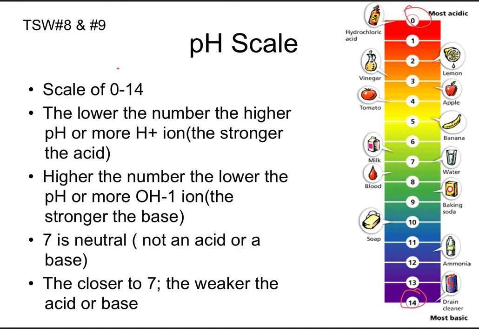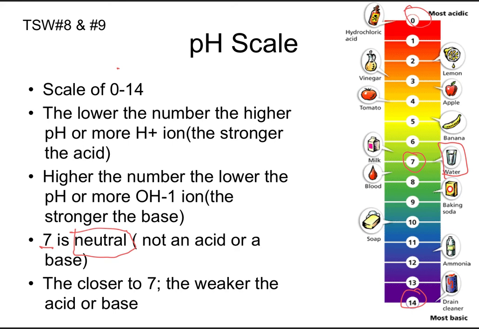Now notice what's in the middle: water, right? Water technically has a pH of 7, which is what we call neutral. Neutral is neither an acid nor a base. It's right there in the middle, okay?